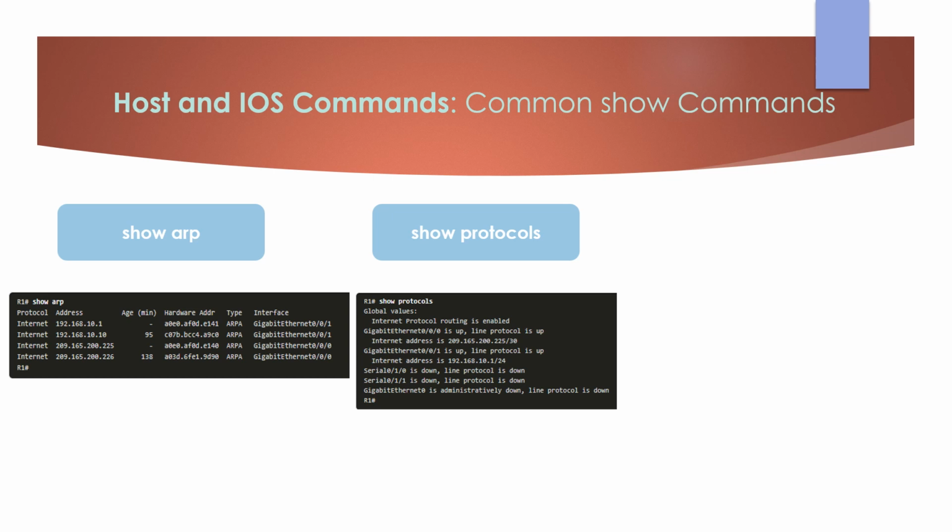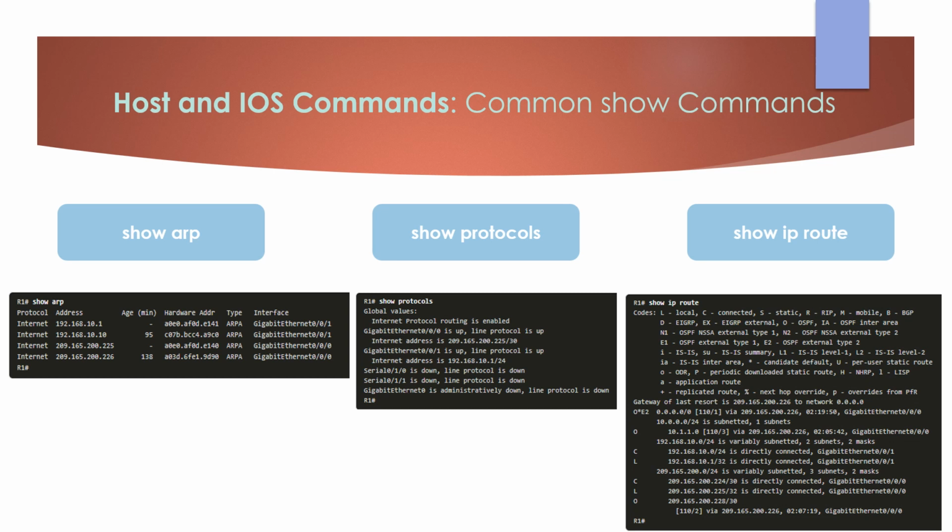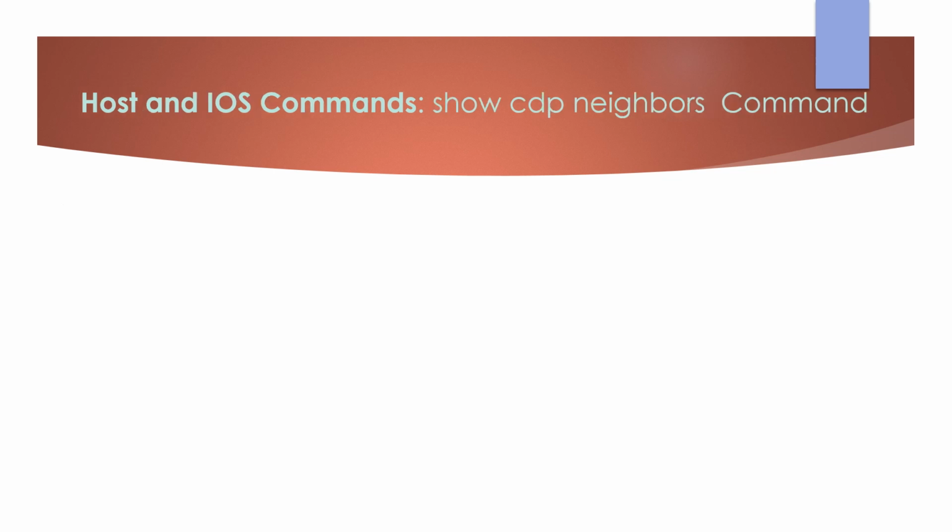By using show IP route, we will be able to verify the layer 3 routing information. And we have even the show CDP neighbor commands. And there are several other IOS commands that are very useful.